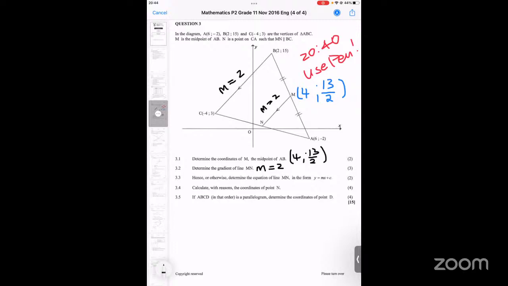Remember, in analytical geometry, it's a game of two things. They want you to write the formula in that format. We know the gradient of that line is equal to 2, and then we just need one point which is on that line. That point is point M, the midpoint. That is the point we can use.